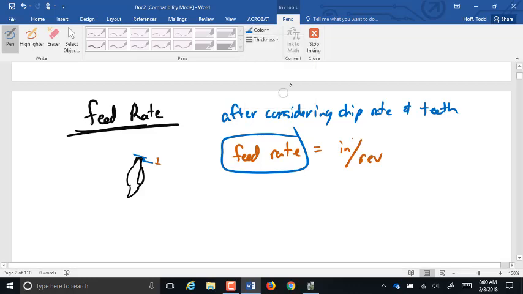A typical feed rate might be 0.003 of an inch per revolution, depending on your material. So let's say you are allowed a feed rate of 0.003 of an inch per revolution.